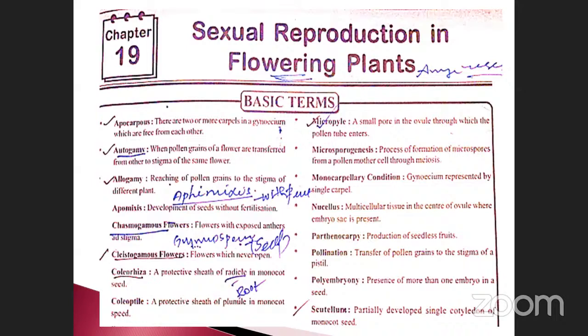Compared to the monocot and dicot cotyledon, the cell wall has two layers, tegmen and testa, so both are easily differentiated. Which one is tegmen, which one is testa. But in monocotyledon we cannot differentiate because both are fused in nature. That is also very important.